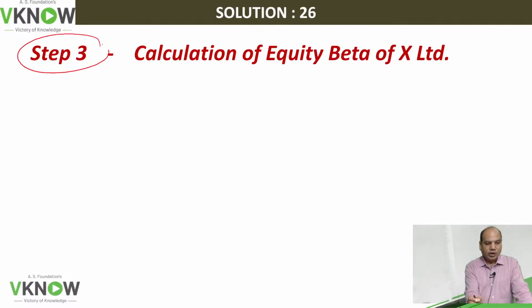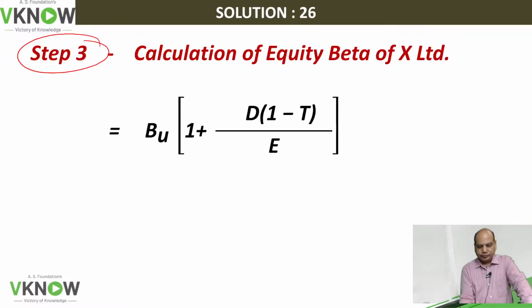So step number 3, calculation of equity beta of X Limited. Under that, write the formula.